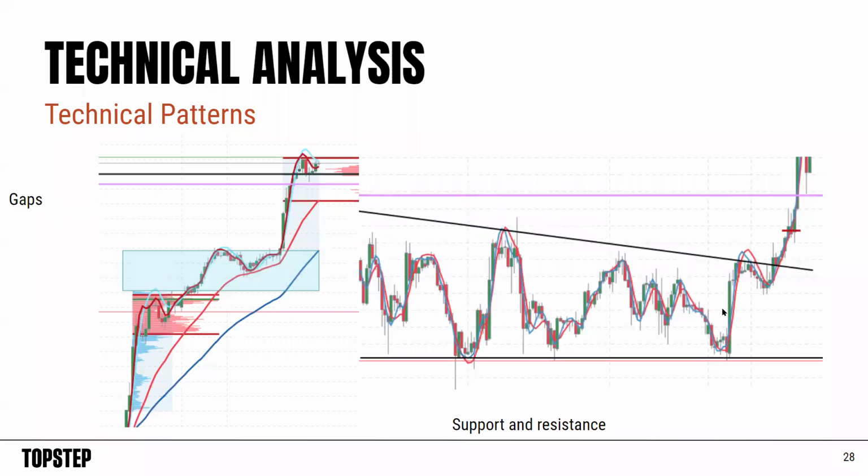Once we break out of the area of balance, then it's a situation similar to a gap, because once we break out and accept outside of an area of balance, whether it's a triangle, a pennant formation, a box that's providing support and resistance levels, once we break out above it or below it and we bring in volume, we go with it.